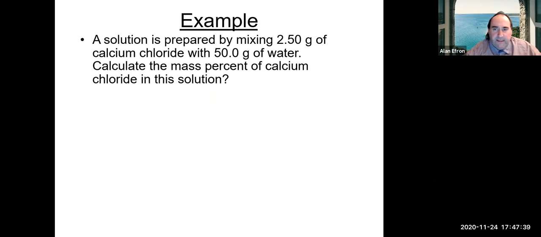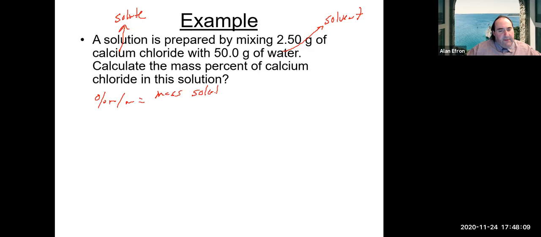So looking at this calculation here, if we prepared a solution by mixing 2.5 grams of calcium chloride with 50 grams of water, what is the percent mass to mass? Our calcium chloride is the smaller part of the solution, which would be our solute. Our water would be our solvent. So the percent mass to mass would be the mass of our solute divided by the mass of our solution times 100%.